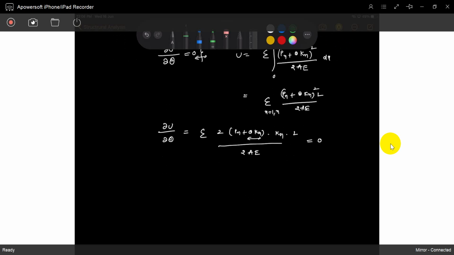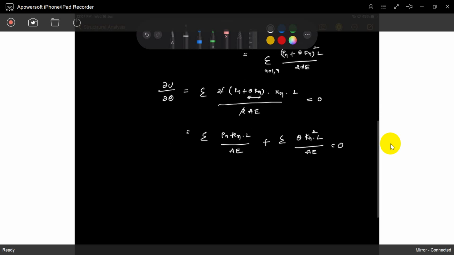So the sigma 2 cancels: sigma Pn Kn L divided by AE plus sigma Q Kn square L by AE is equal to 0.